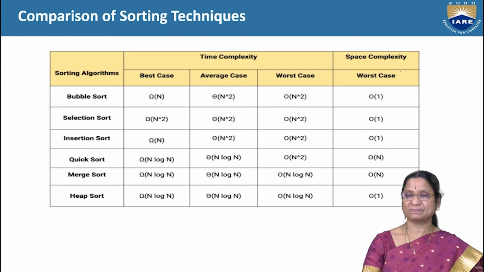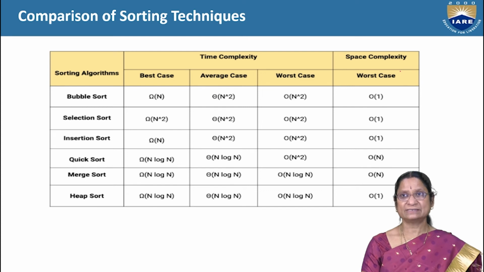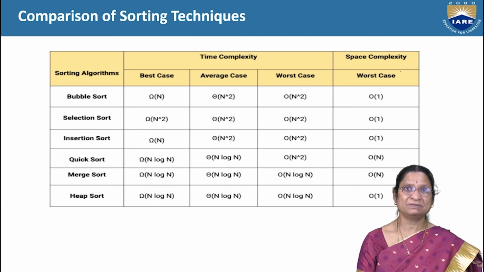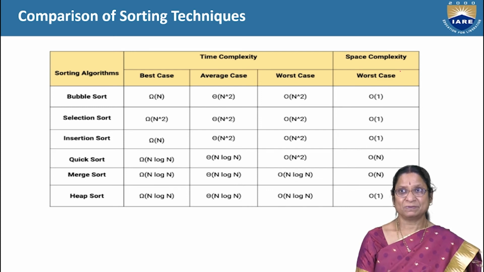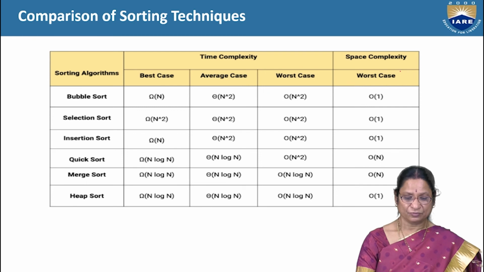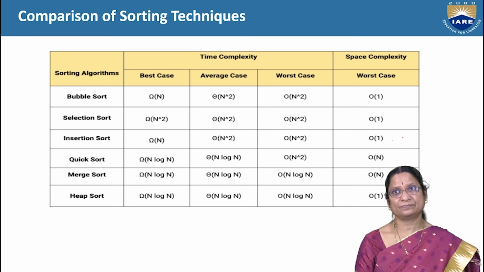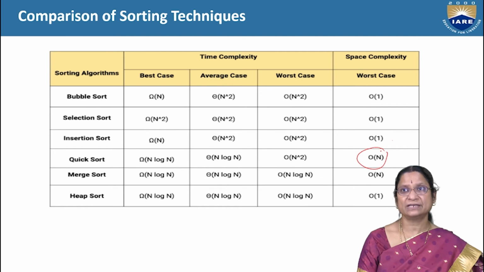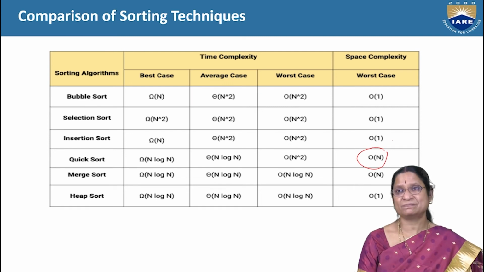Coming to space complexity, we'll discuss it further, based upon whether the particular sorting algorithm is in place or not. What is in place sorting, we'll discuss. Space complexity here: bubble sort, selection sort, and insertion sort will have the same. Quick sort also requires not much more space, constant only.